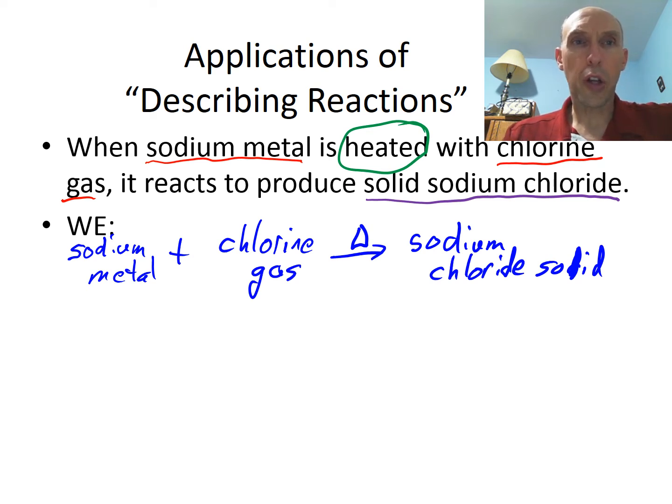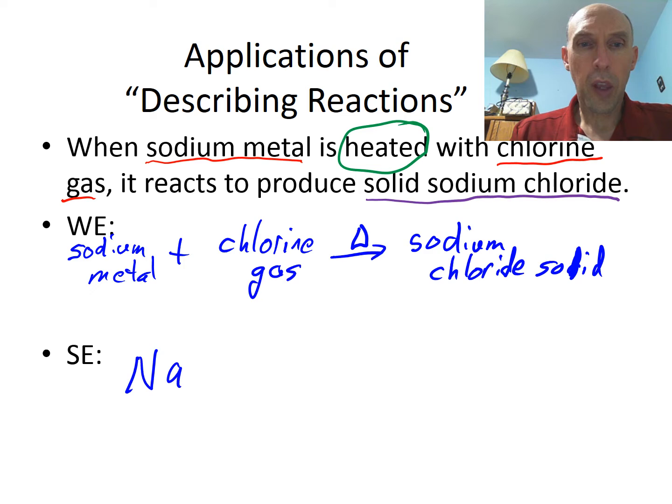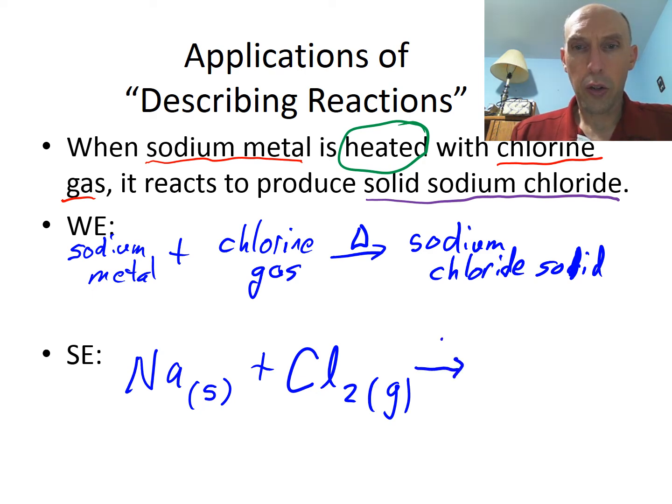Now we're going to move on to the skeleton equation. The skeleton equation draws on all those skills of converting names to symbols. Sodium metal is just the symbol Na for sodium, with the subscript in brackets S. Plus, chlorine gas is one of those elements that comes in pairs, so Cl2, and because it's a gas, G in brackets. Reaction arrow with that little triangle on it for heating, and then the symbol for sodium chloride.